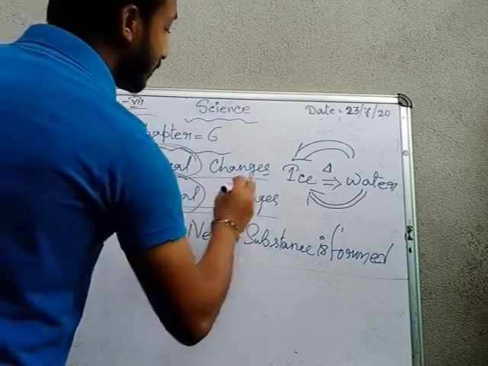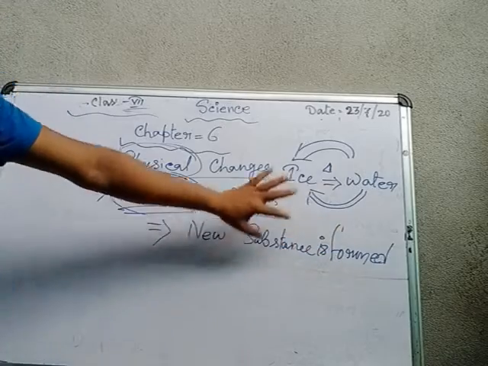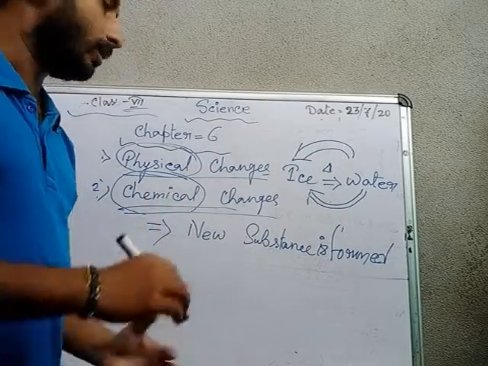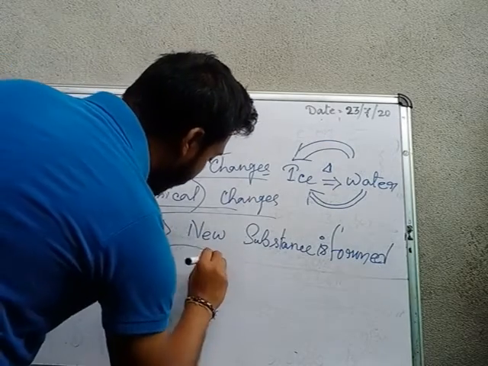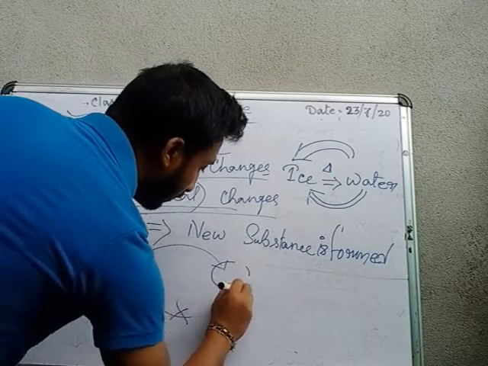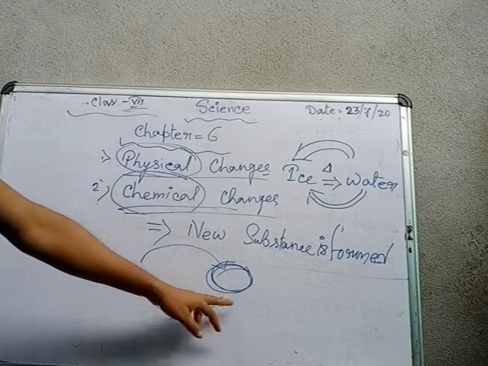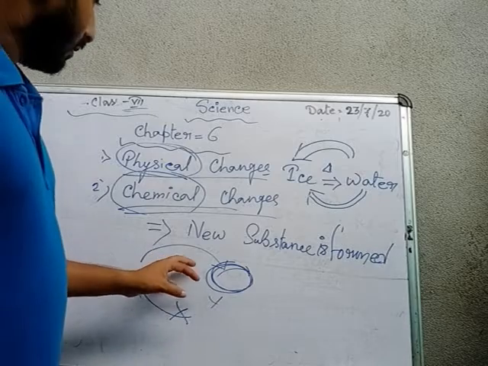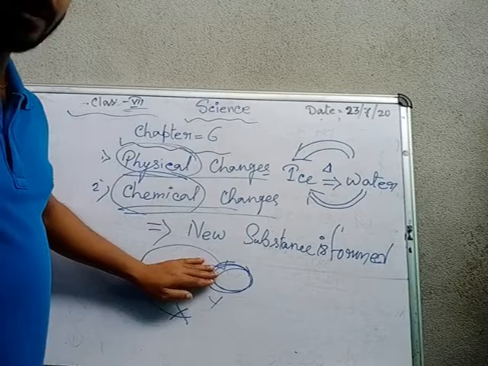But through physical changes, no new substance is formed. Chemical changes are permanent. We cannot get back the original substance again. They are irreversible changes.